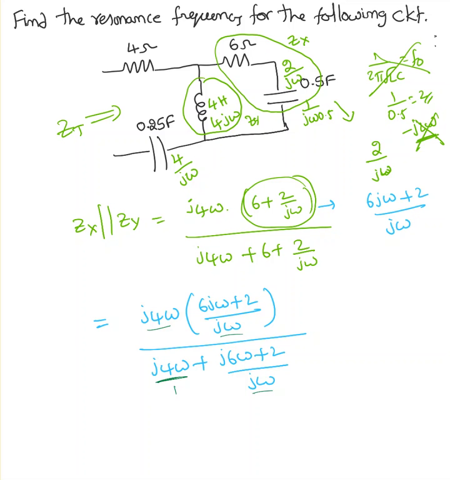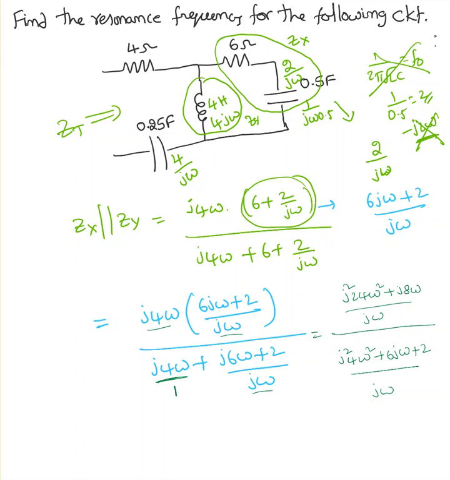So to do that, I'm going to take the common factor in the denominator, which is j omega. Now this value is j squared 4 omega squared plus 6j omega plus 2, and here I have j omega in the denominator, and the numerator is j squared 24 omega squared plus j8 omega.